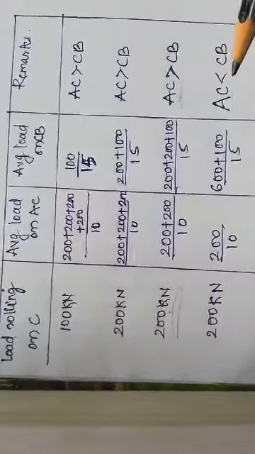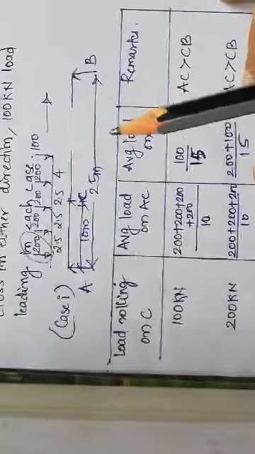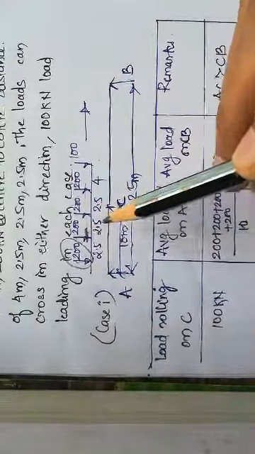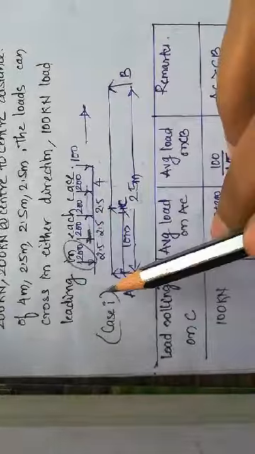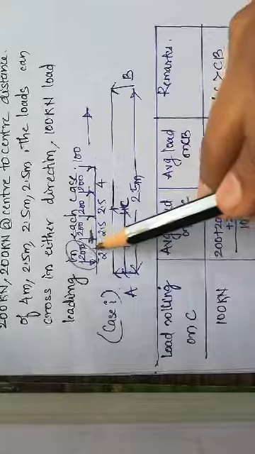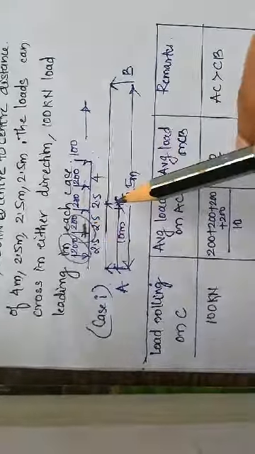Now, when this case is occurring, when this third 200 kilonewton crosses point C, the change between the heavier section and the lighter section takes place.